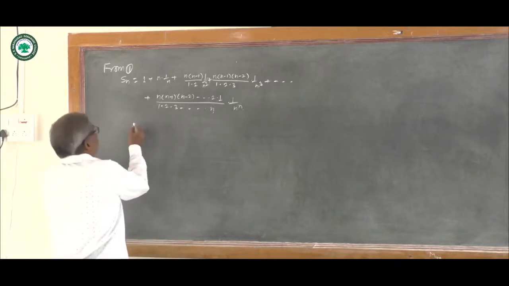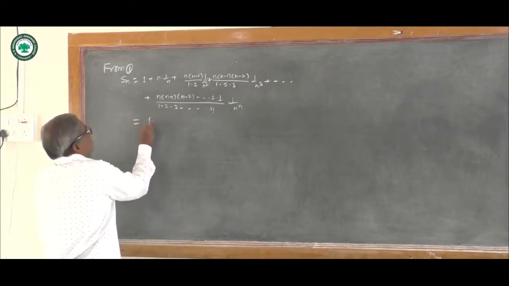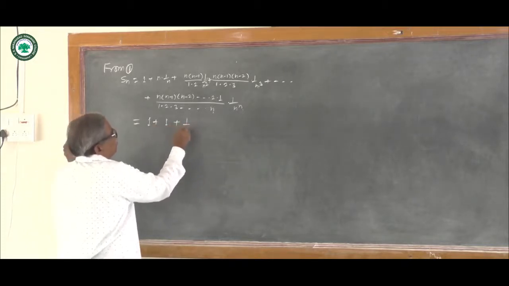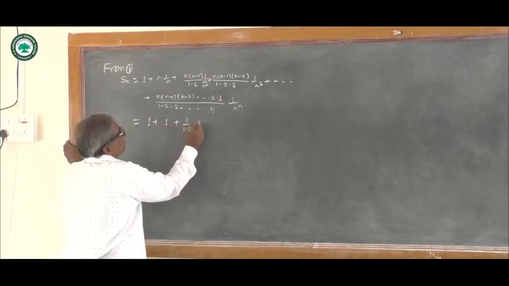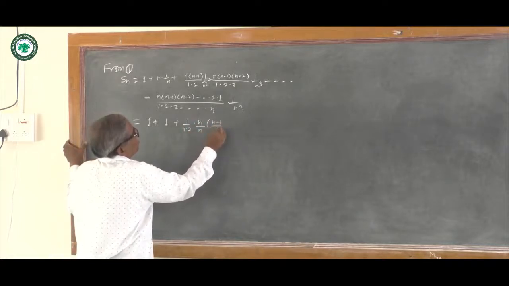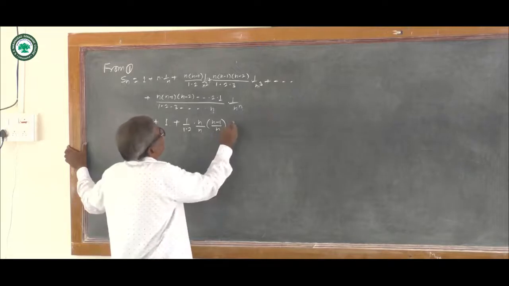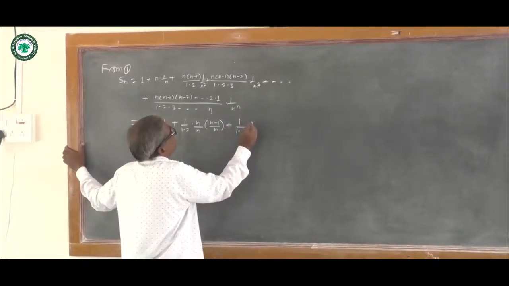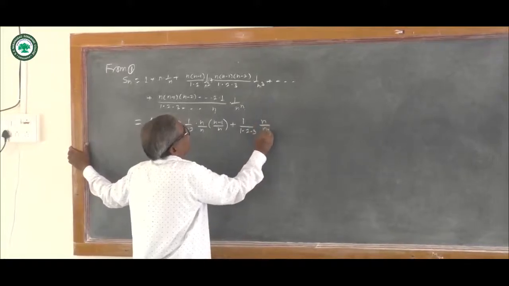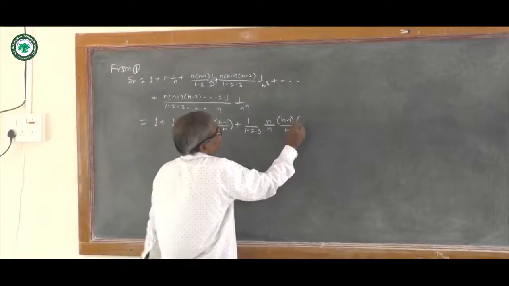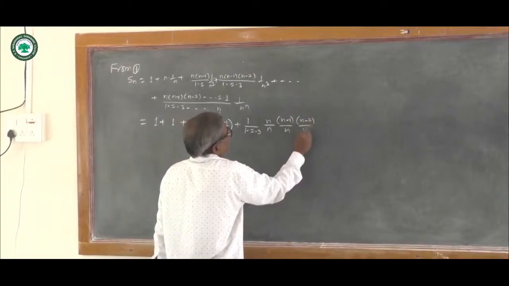This is equal to 1 plus 1 plus 1 upon 1 into 2 into n by n into n minus 1 by n, plus 1 upon 1 into 2 into 3 into n by n into n minus 1 by n into n minus 2 by n.